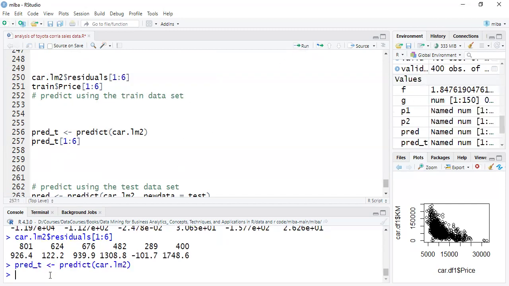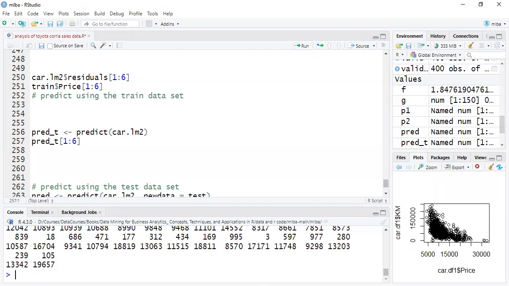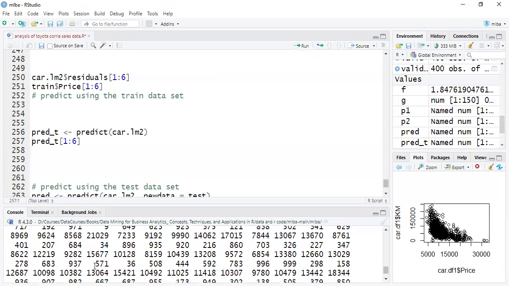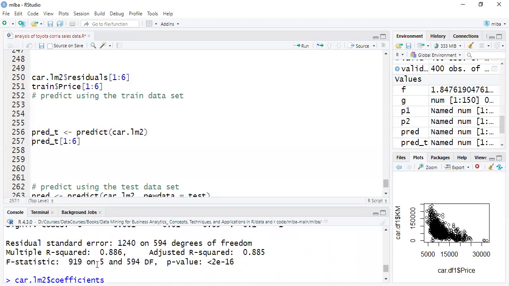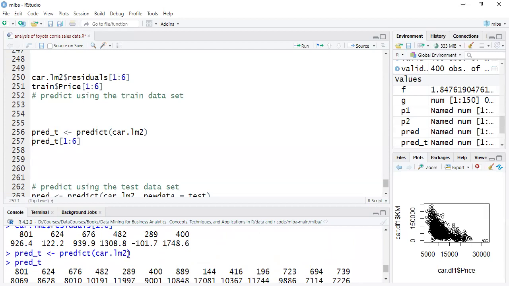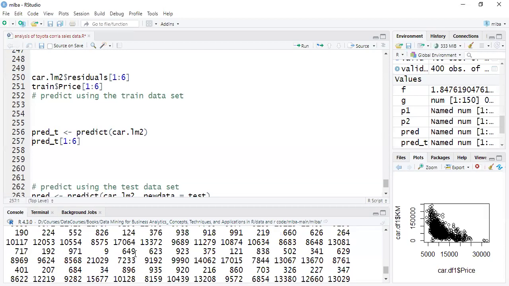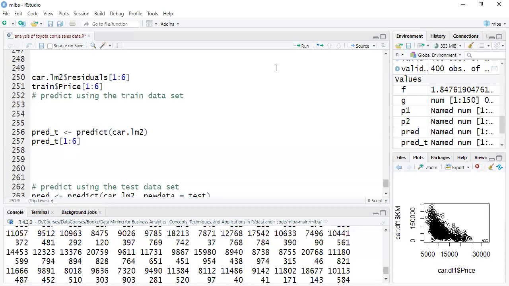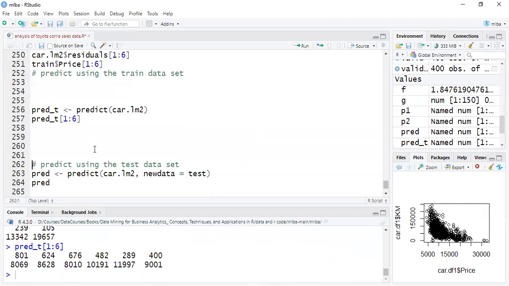If you want to show all of these predicted values, these are the predicted values. As many observations as we have in the training data set, we have predicted values. If you want to see only the first 6 predicted values, you can mention the indexes.